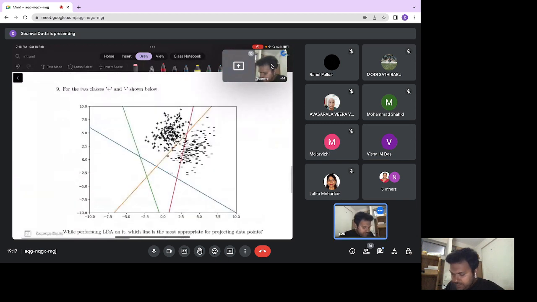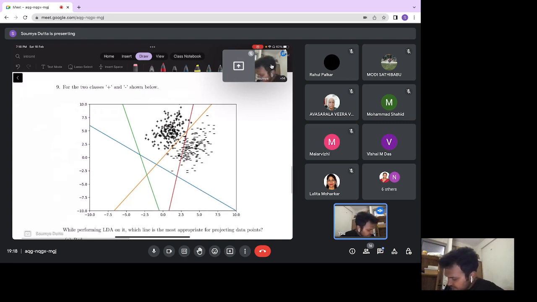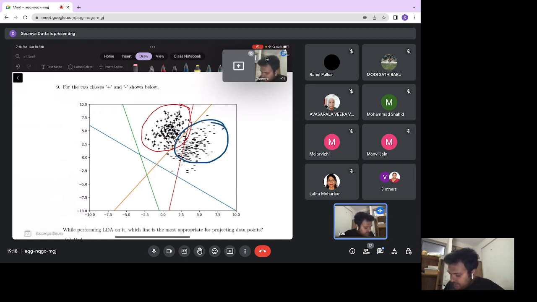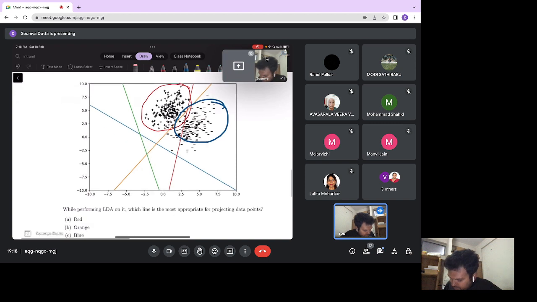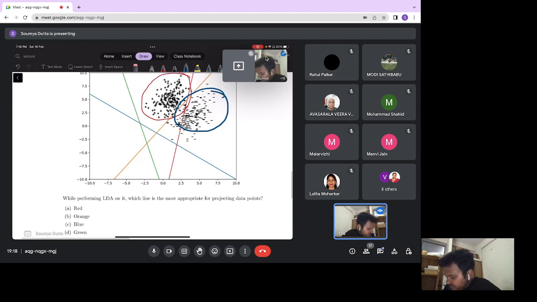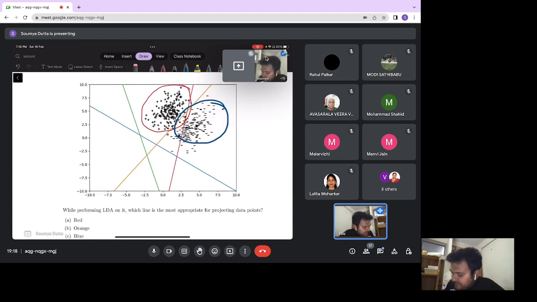The next question is for the two classes, plus and minus, shown below. These are the two classes that I am circling. While performing LDA on it, which line is the most appropriate for projecting the data points? In LDA, the line on which you project these points should be parallel to the line joining the two means.